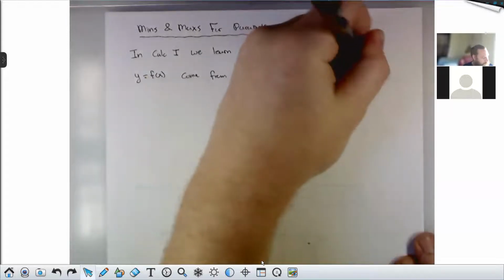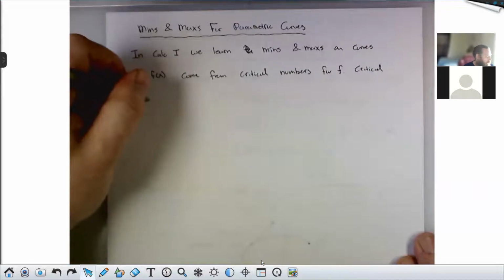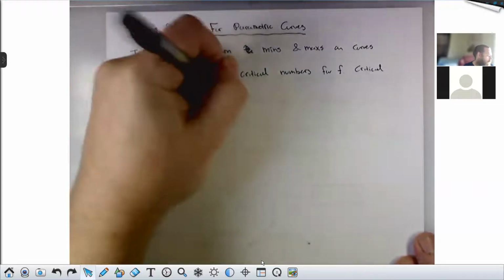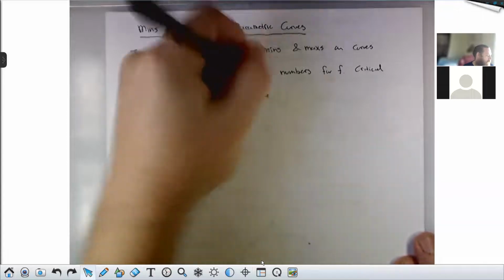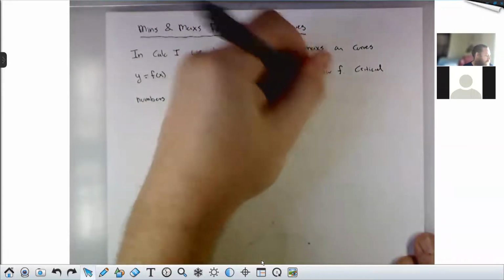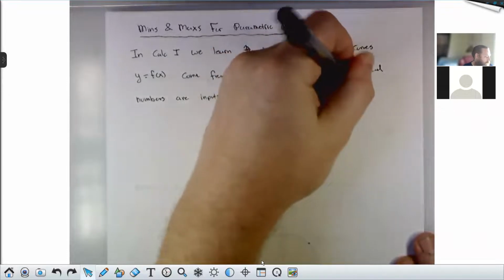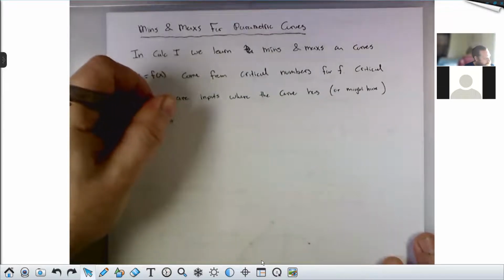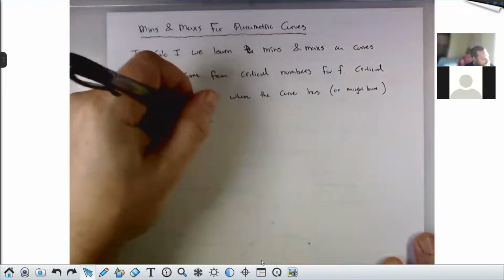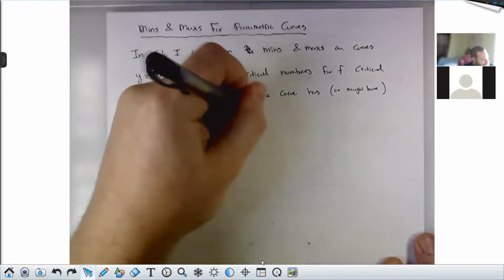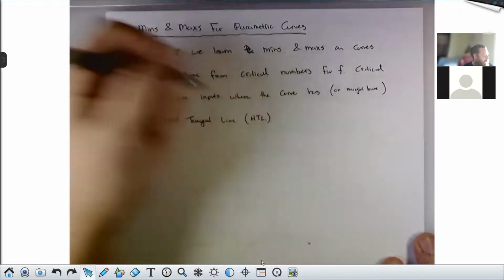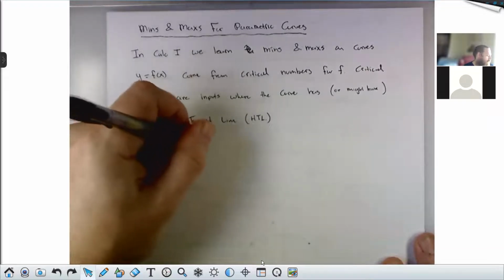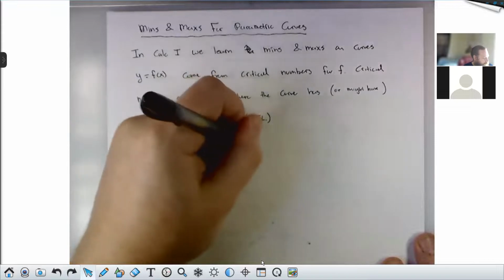Critical numbers are inputs where the curve has, I should say, or might have, either a horizontal tangent line, which I will abbreviate as HTL, or a vertical tangent line, which I will abbreviate as VTL.